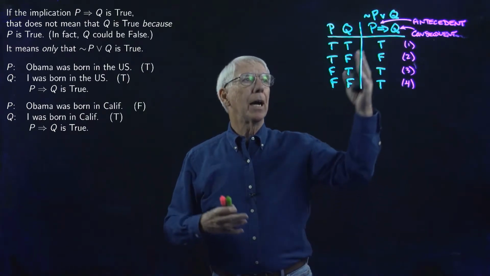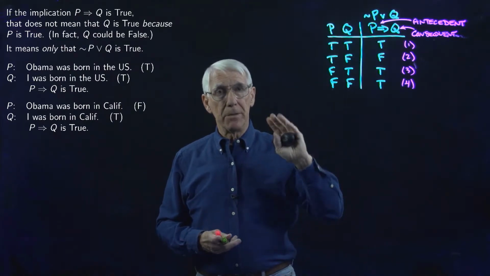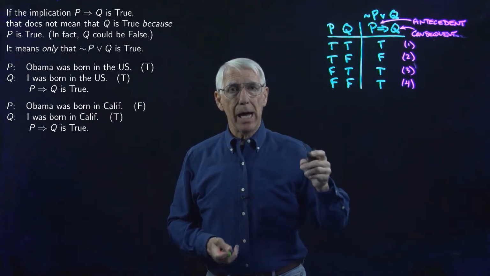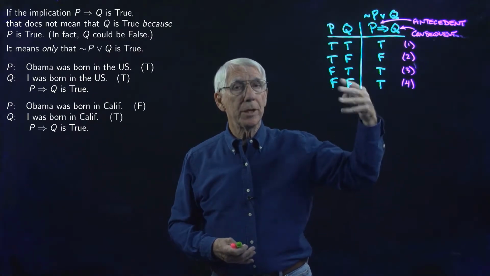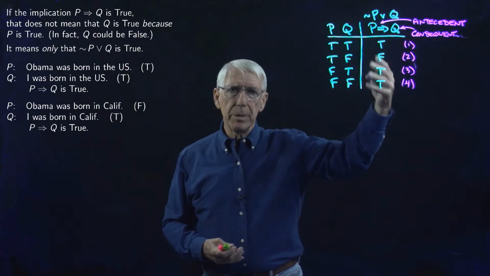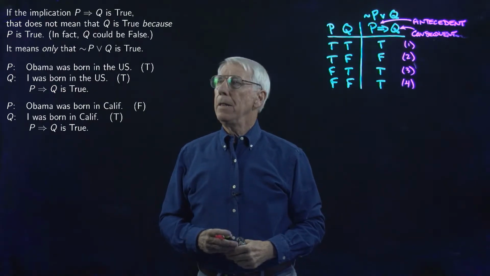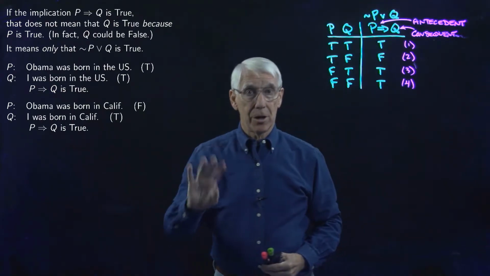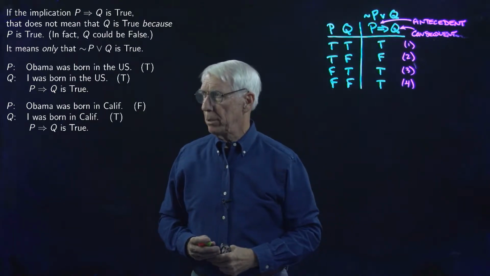It's simply a compound statement formed from two other statements. It's important to keep that in mind because it is easy to get confused, even for people who understand that and are confident in what they're doing. It can be easy to confuse oneself sometimes. The implication statement is not an argument. It's just a conditional statement.